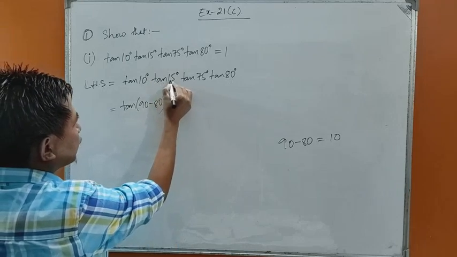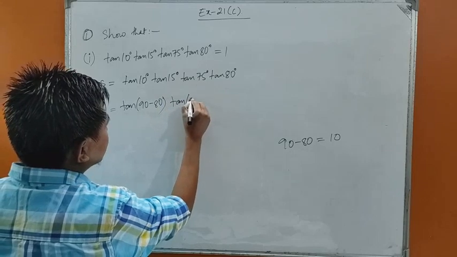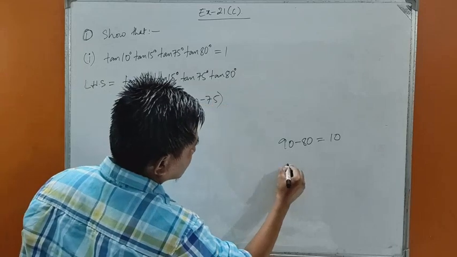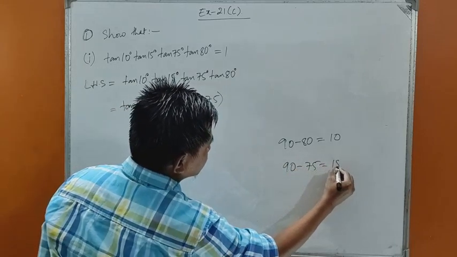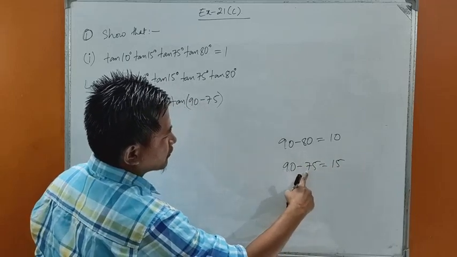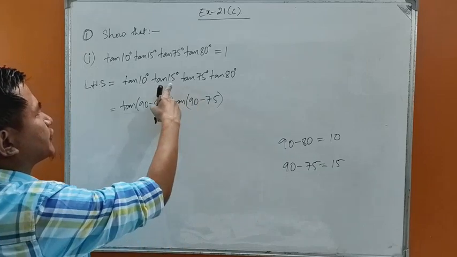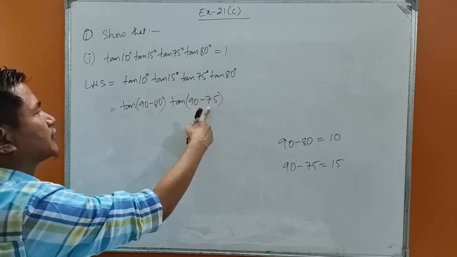Tan 15 can be written as tan of 90 minus 75, isn't it? Because 90 minus 75 gives us 15. So tan of 90 minus 75 is tan 15. So instead of tan 15, I can write tan of 90 minus 75.